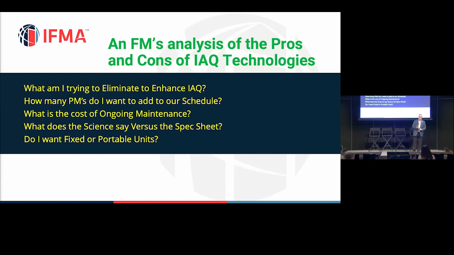It is all done by the manufacturers themselves. There's no federal regulations. There's no guidelines for that. They can make claims based on what they did with a 12 by 12 by 12 box and how fast their unit cleaned that up and say that will work in your 20,000 square foot building.